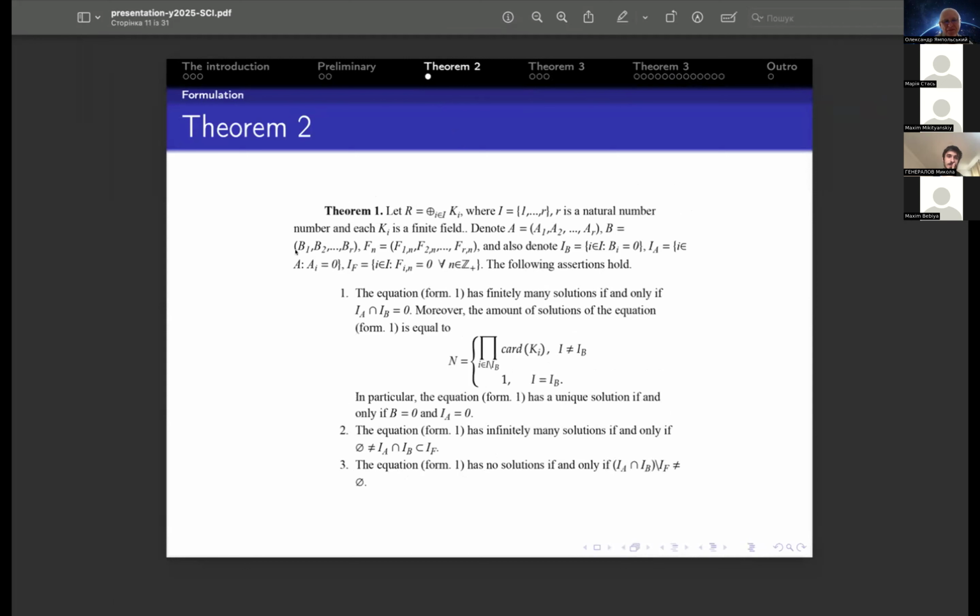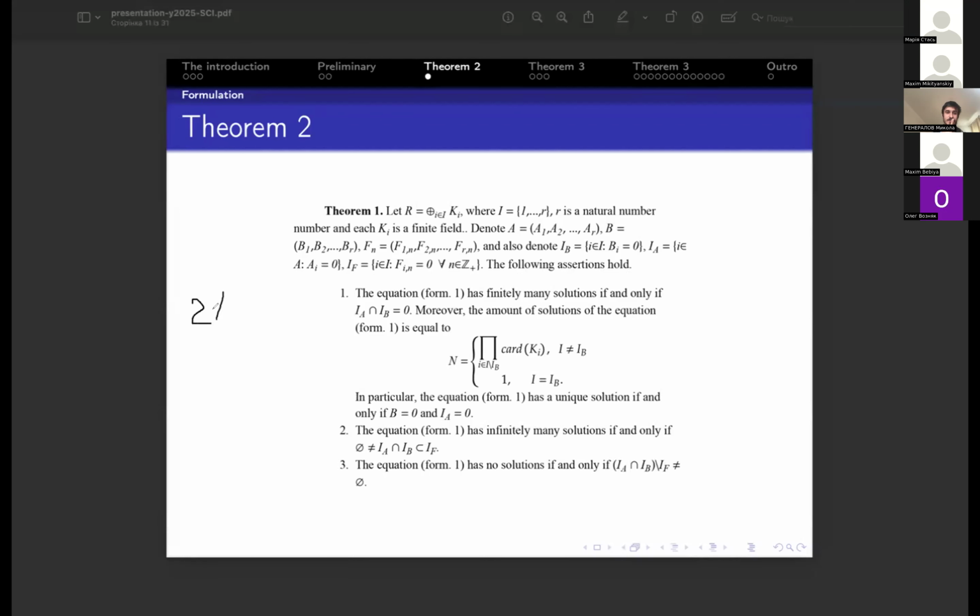I'll explain it with a simple example. We can consider the ring Z as a residue class ring Z sub m, and an equation of the kind 2x is equal to 0 modulo 4 has a non-trivial solution: x is equal to 2.